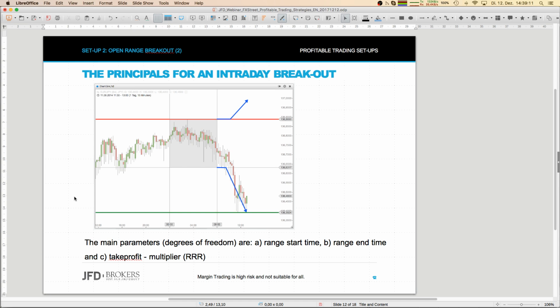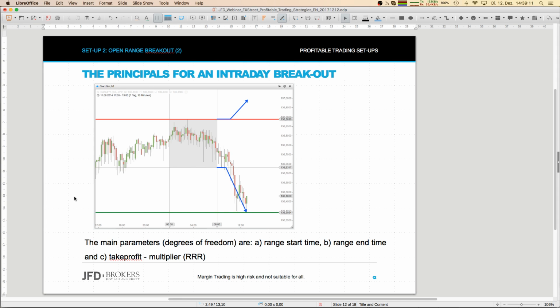And those are the range start time. In my example here, it's midnight. That's 1 parameter. Range end time, in my case, 8 o'clock. That's the second. And then the take profit multiplier, or better to say, the risk reward ratio for setting the take profit.